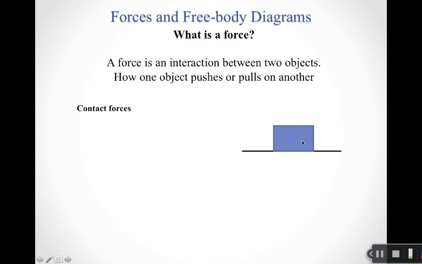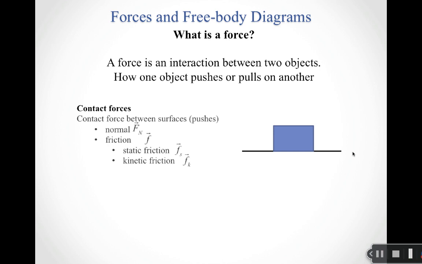So let's think in terms of the simplest situation, where I've got just a box sitting on some horizontal surface. I'm interested in drawing the free body diagram of the box. That's going to be a vector diagram showing me all the forces that act on the box.